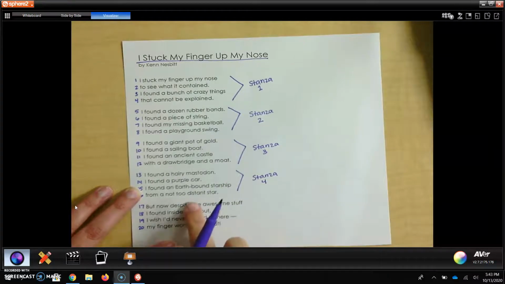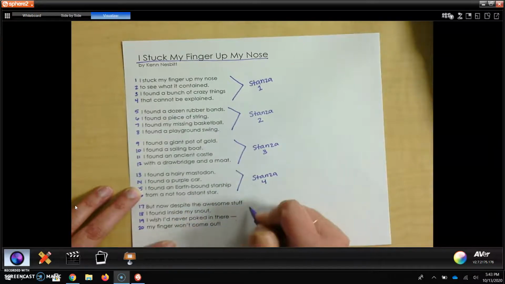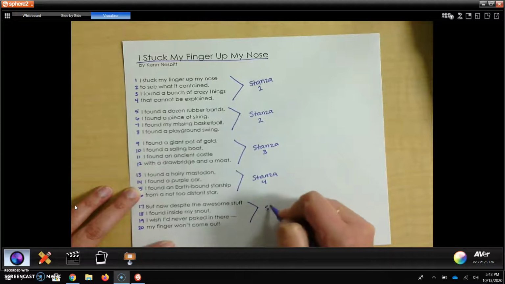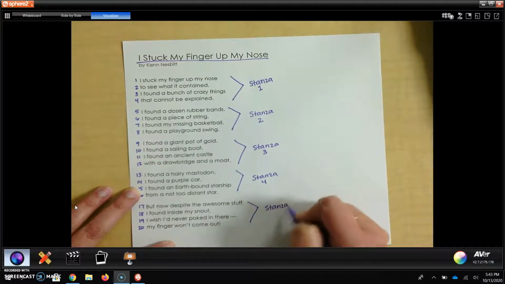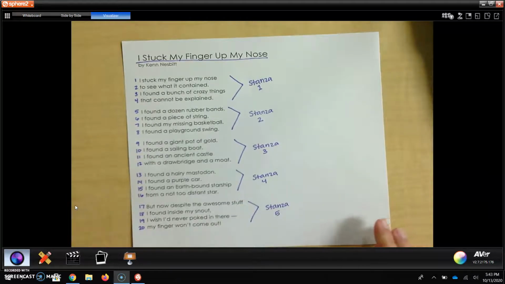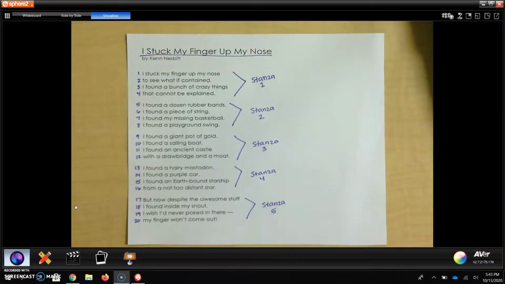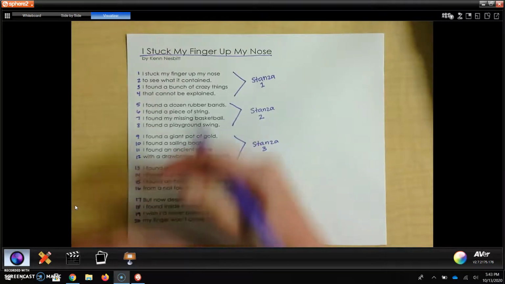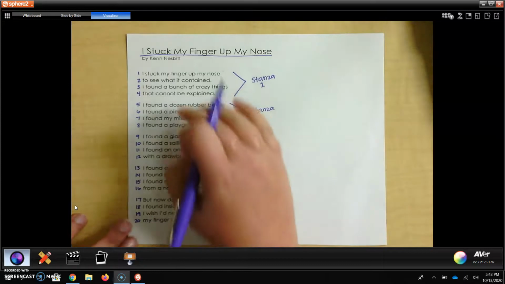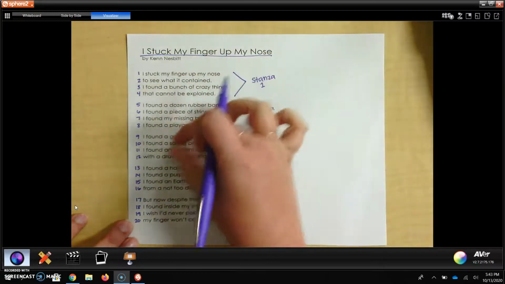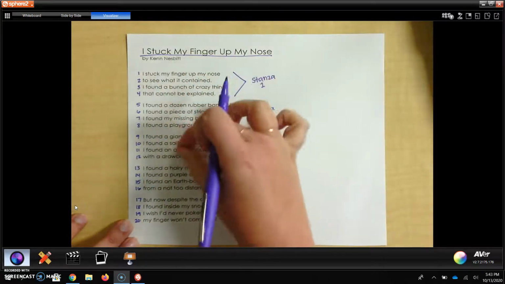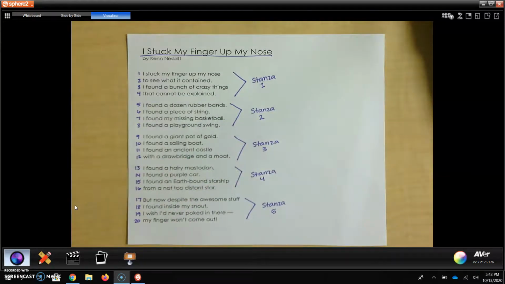And then the last one, a group of lines, and it's the end of the poem. So that's stanza 5. So we have 5 stanzas, and a lot of times if you just look at the poem as a whole, you can see all the spaces and you can kind of see the big groups of them. So we have 1, 2, 3, 4, 5 stanzas.